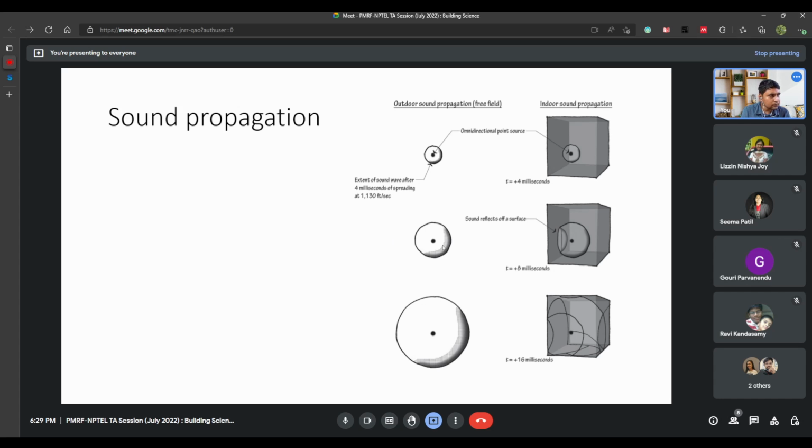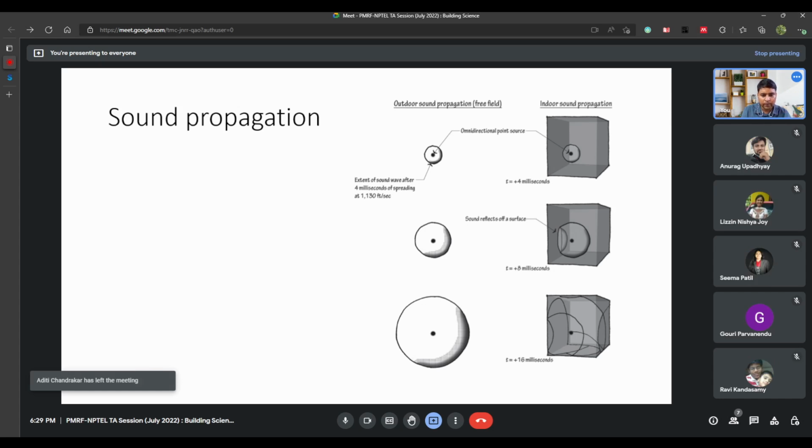And since it's an omnidirectional point source, this reflecting happens in all directions. For our understanding, we imagine that from a point source towards a particular direction, we draw a single linear path and see how it gets reflected.